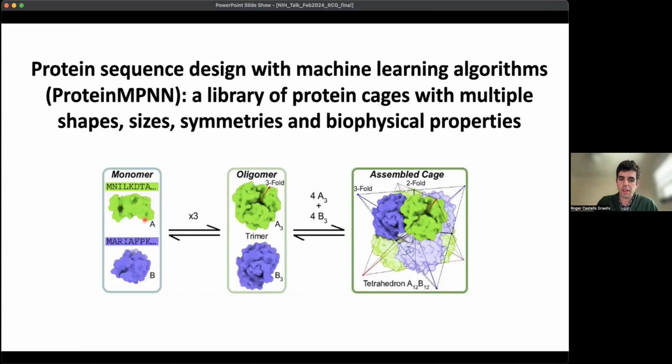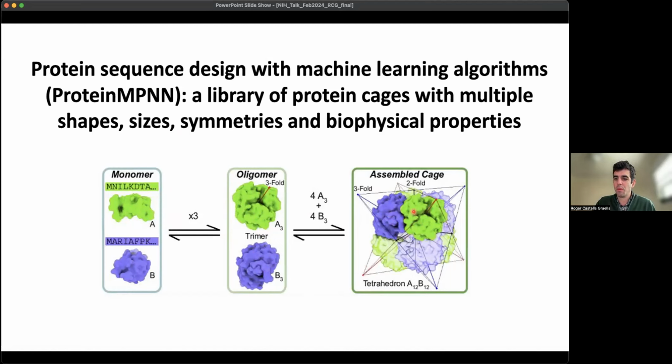You can imagine a protein monomer, and these protein monomers can form, for example, oligomers like trimers. So what we did was to dock two different trimers in three-dimensional space in a way that they will assemble into a symmetric assembly. Like, for example, this tetrahedral assembly.